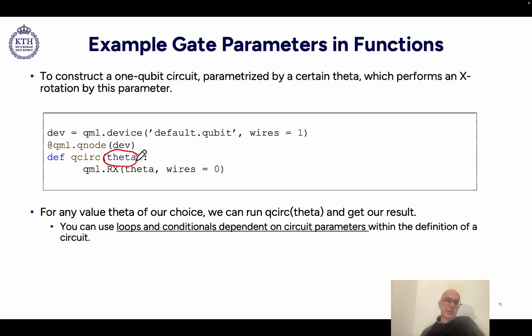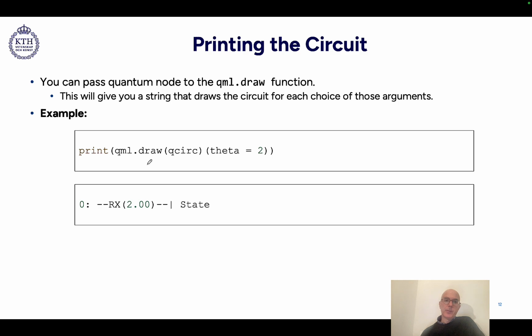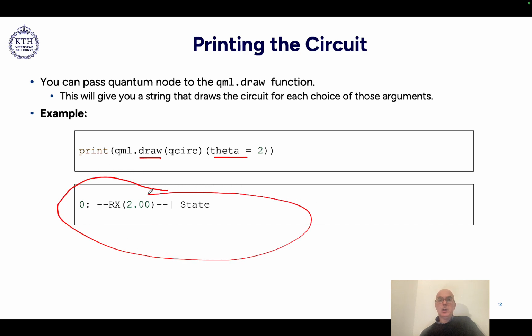So we can provide this parameter, and then this parameter can also be included in the quantum gate operation. We can also print the quantum circuit in graphical form by using the qml.draw method. In this case, we put theta equal to 2, and this will give this nice output.